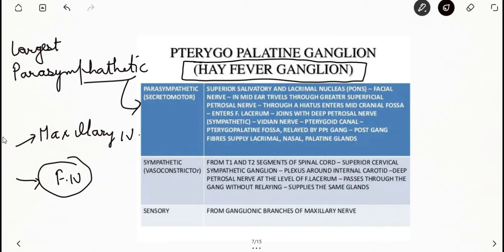branch. So we have three roots of ganglion: parasympathetic, sympathetic and sensory. The parasympathetic root of ganglion is formed by the nerve of pterygoid canal.